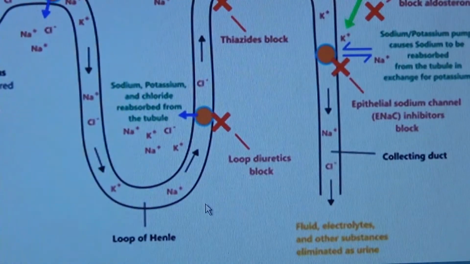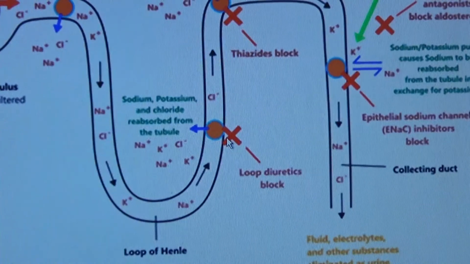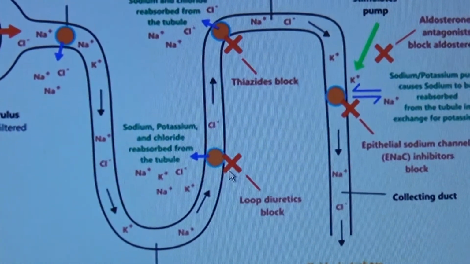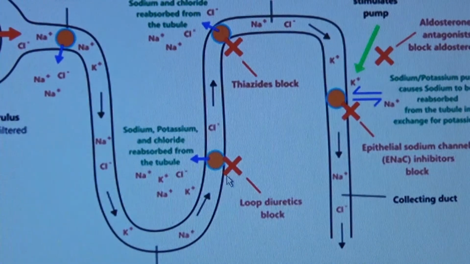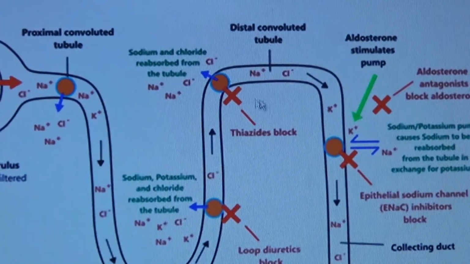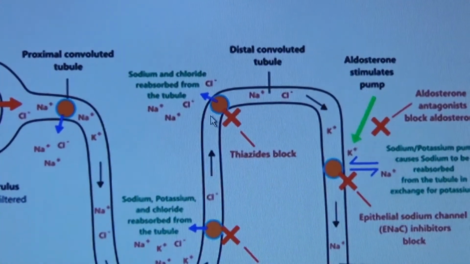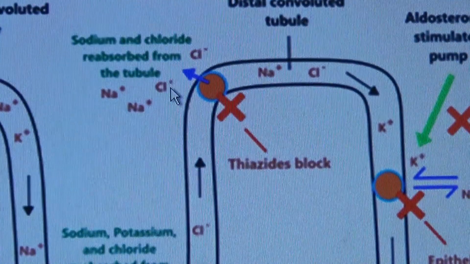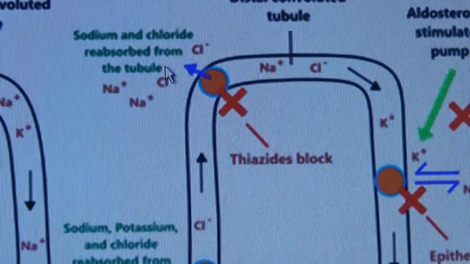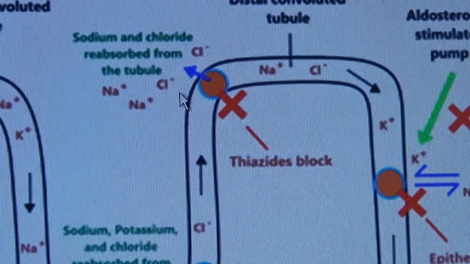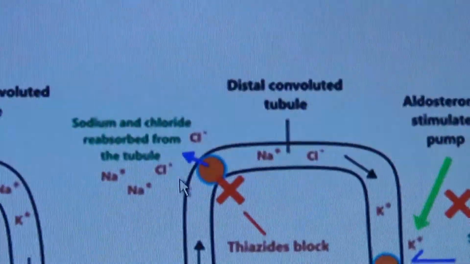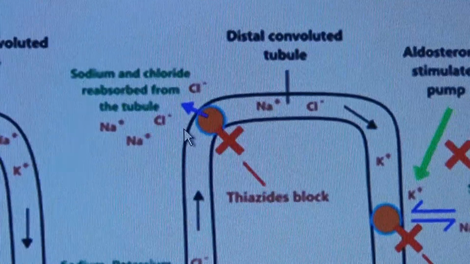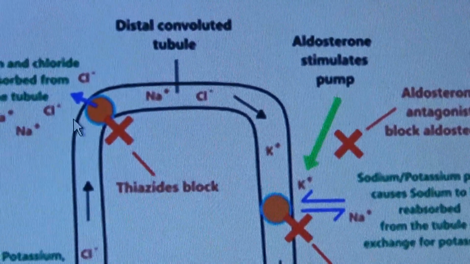And then the loop diuretics work in the early stage of the nephron, or this ascending region. Thiazides work a little bit later and block sodium chloride reabsorption, which will again cause more net fluid excretion.